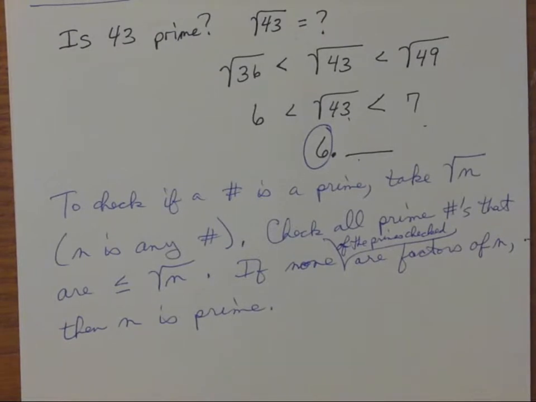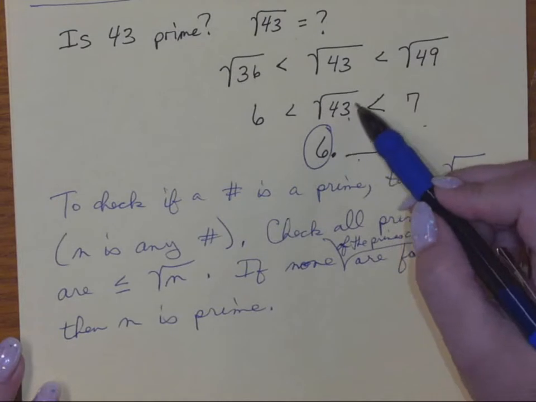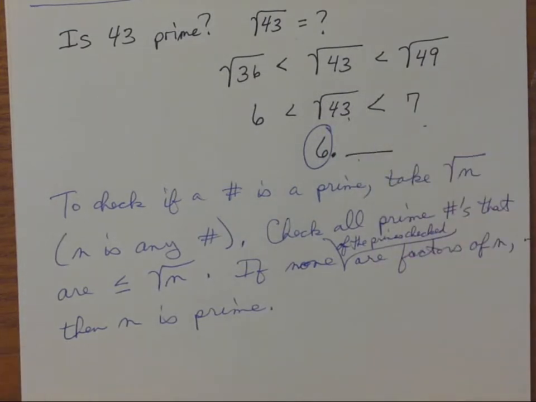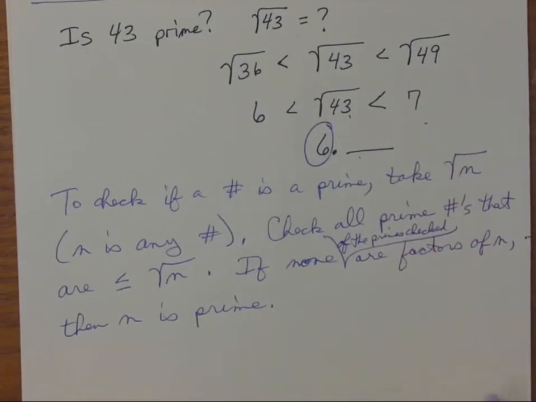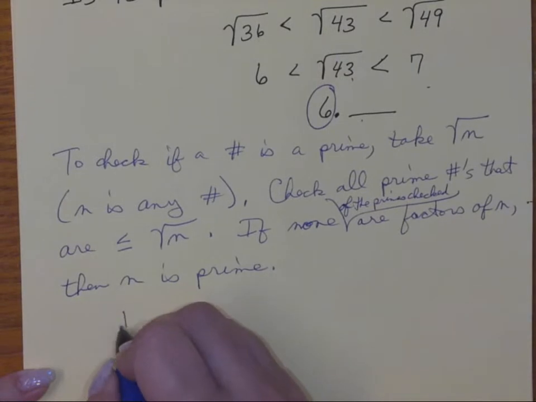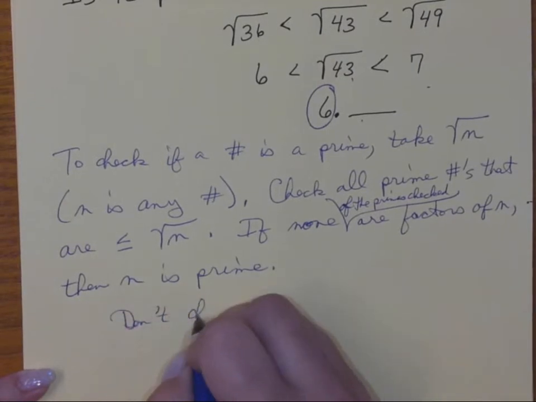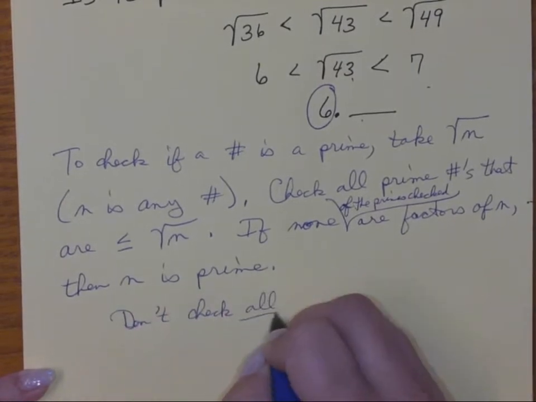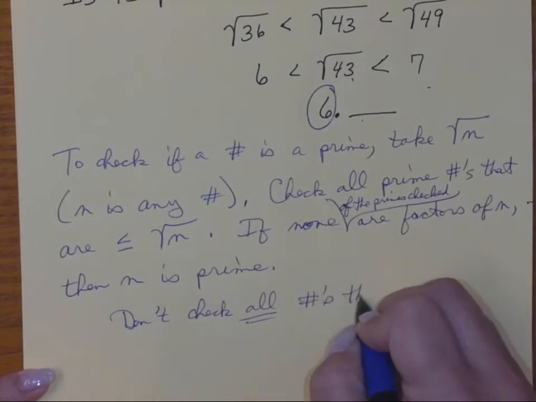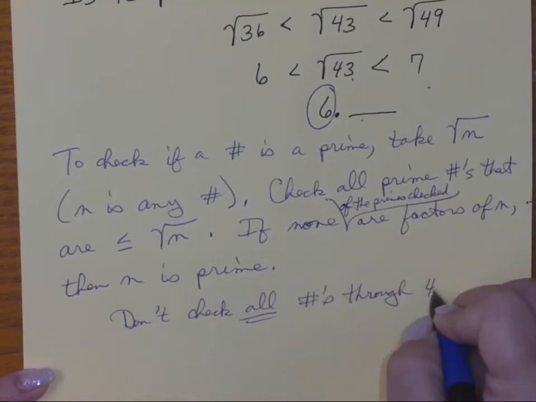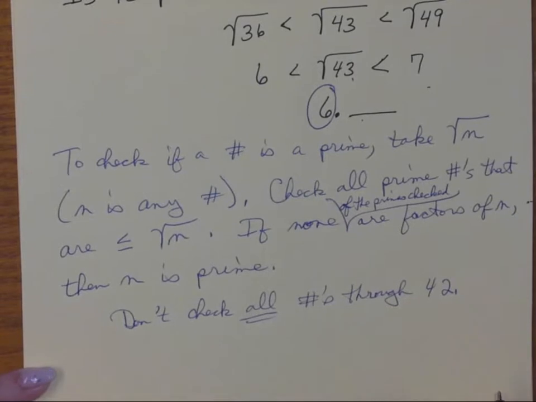Okay, so that's a really cool kind of rule because what that means is if I want to know if 43 is prime or not, I don't have to check every number. So don't check all numbers through 42, right? I don't have to do that.